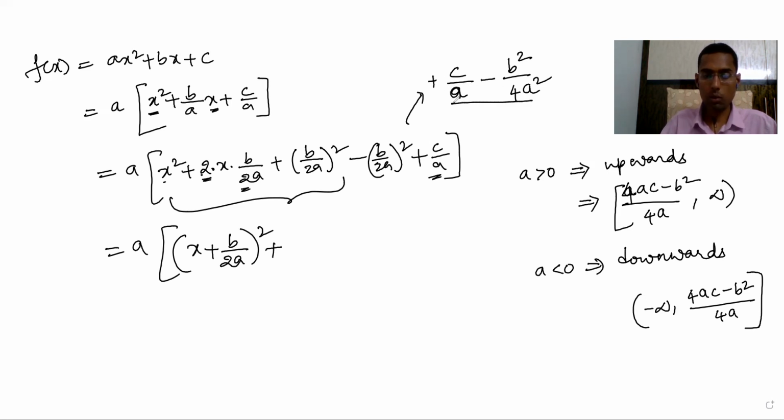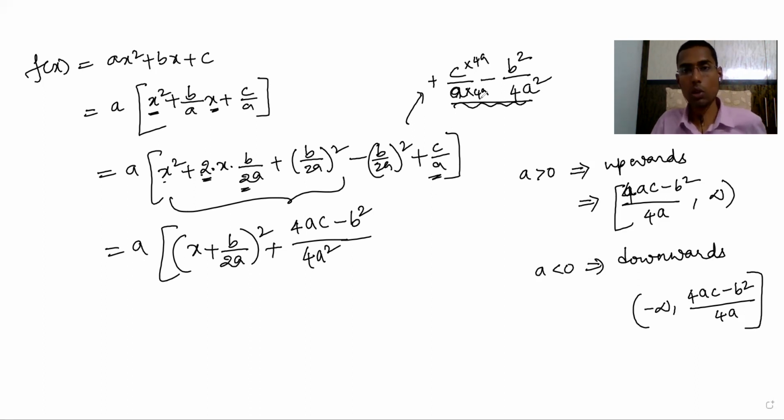What is the LCM? 4a square is the LCM. Then here 4ac minus b square. This is the simplification. 4a square is the LCM. Here 4a you should multiply, 4ac. Here 4a square, so I should multiply by 4a. Then 4ac minus b square by 4a square, that is the next term.